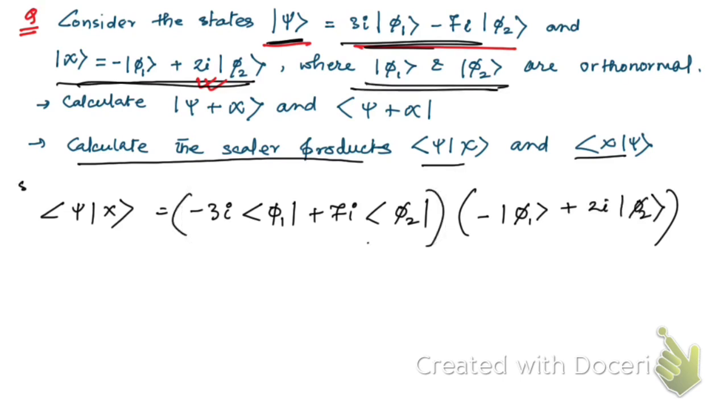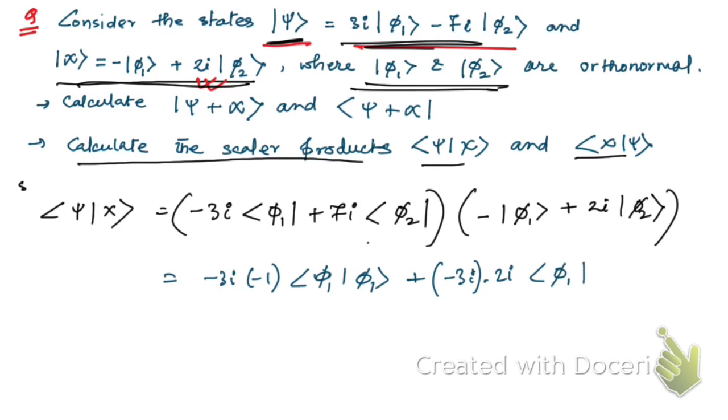So now let's multiply these two. How to do that? So minus 3i into minus 1, here there is a minus sign, then bra phi 1 ket phi 1, then plus minus 3i into 2i, then bra phi 1 ket phi 2.